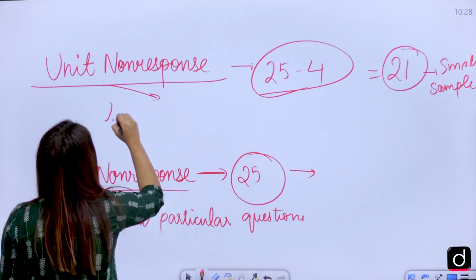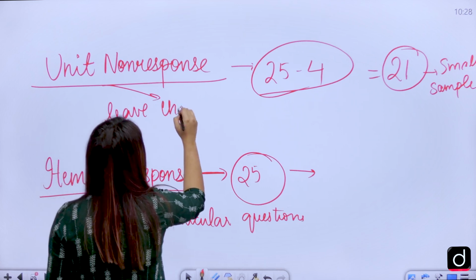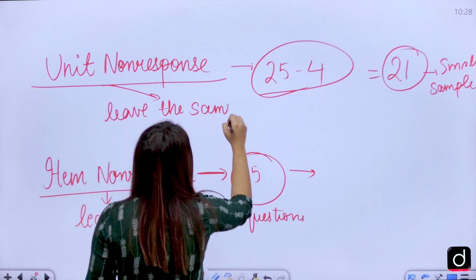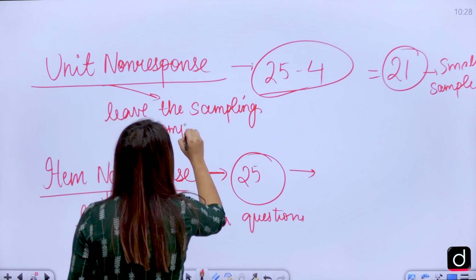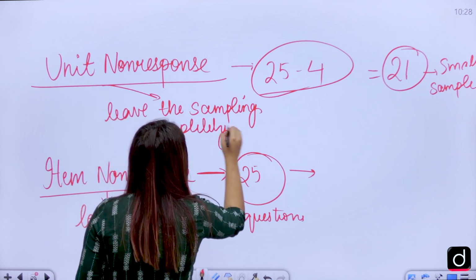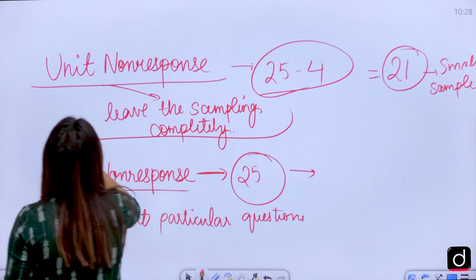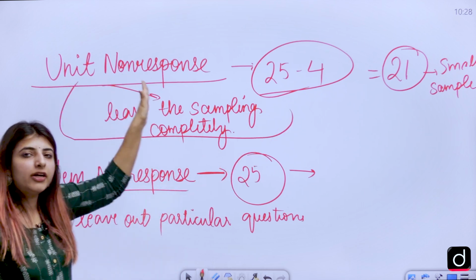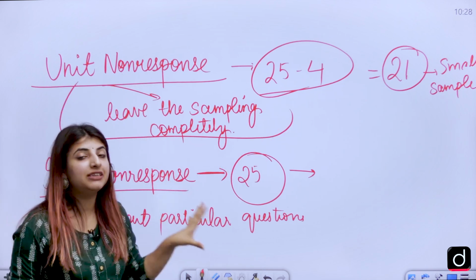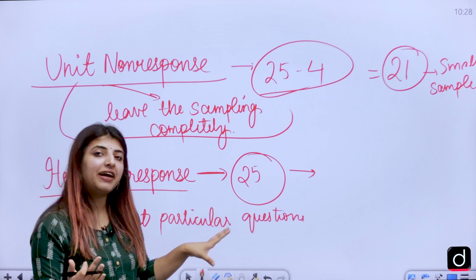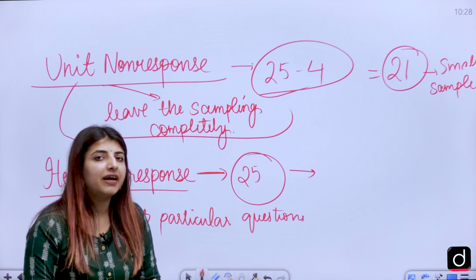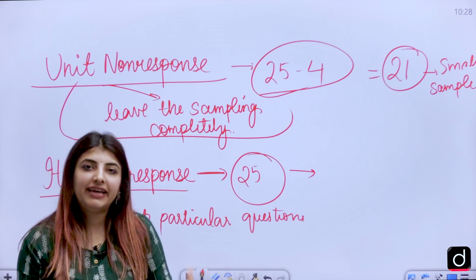Here, in unit non-response, you leave the sampling completely, so the person is not at all participating. Here, if the person is participating, he or she is leaving certain questions which he or she finds to be sensitive, or unnecessary and can be left.